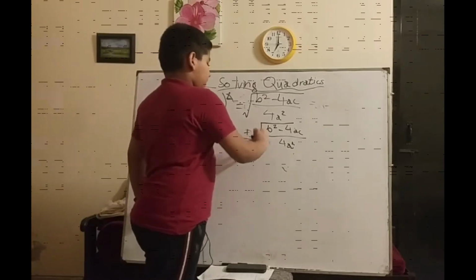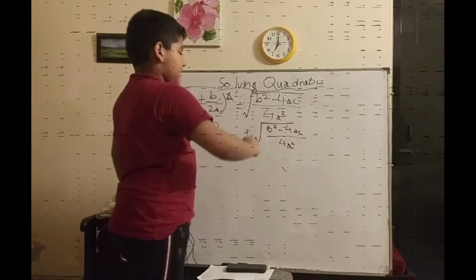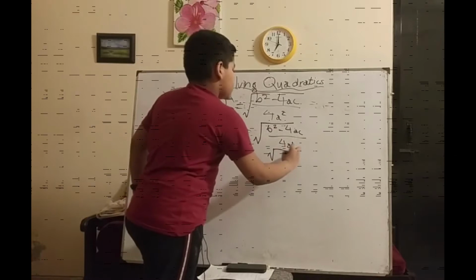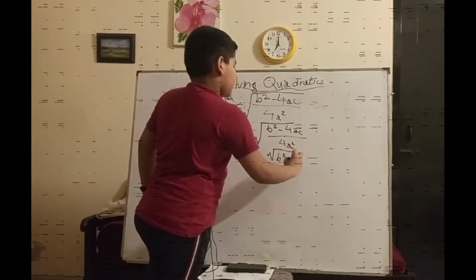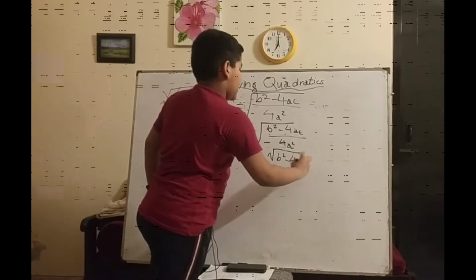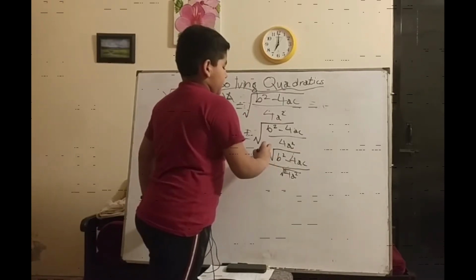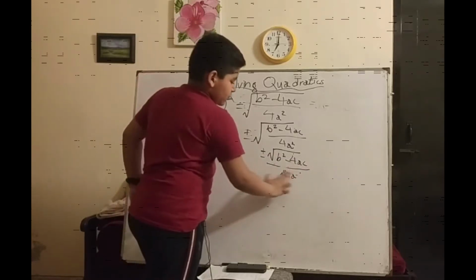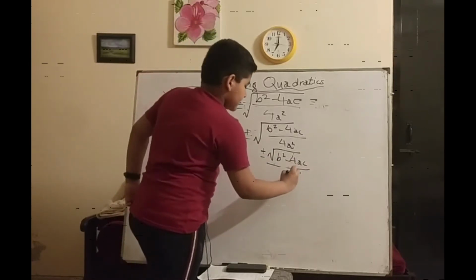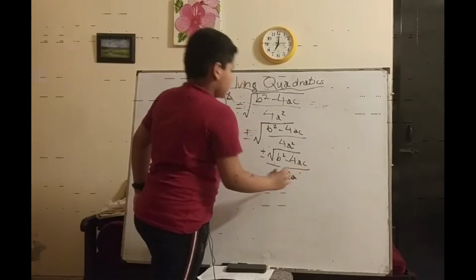Now, if this is a whole square root, it means that there are two square roots, one on top and one in the denominator. Now this will be the plus or minus since this can be solved. So this will be 2a.